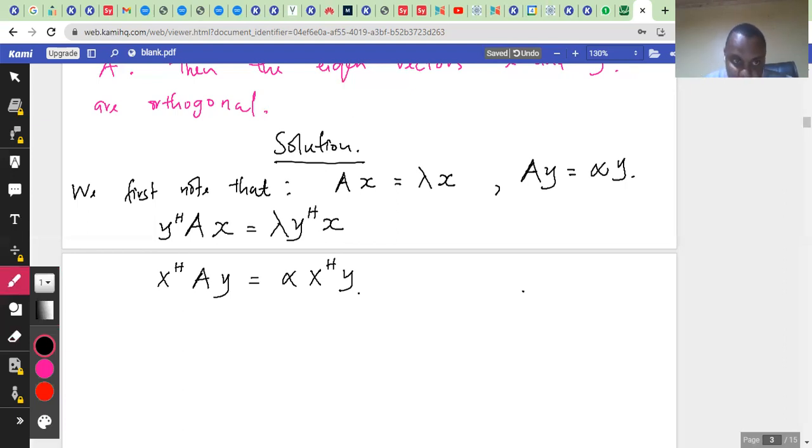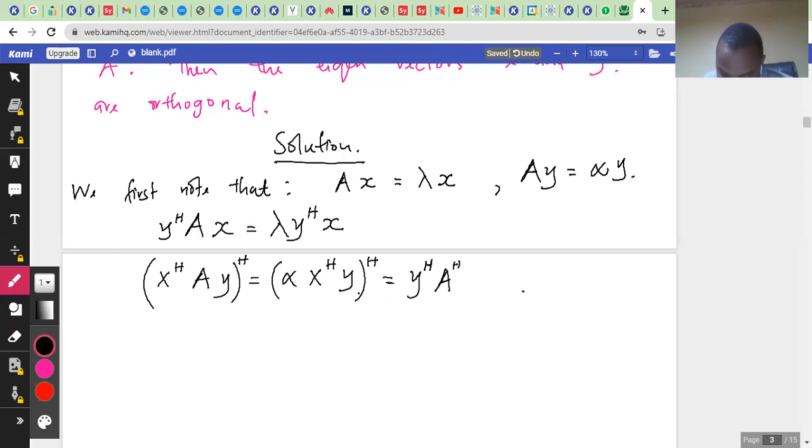If we take the Hermitian on both sides, we are going to get y^H A^H.